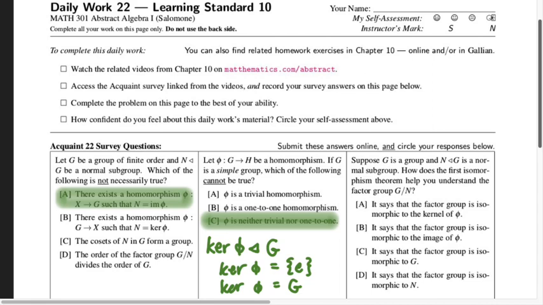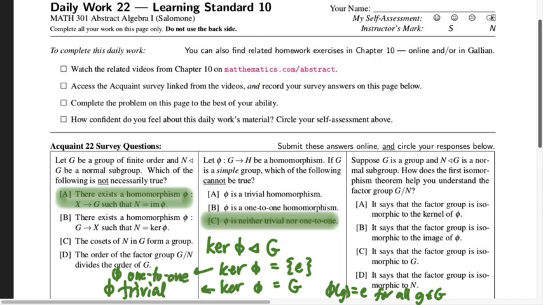So if the kernel is all of G, it means that all of G is getting sent to the identity element of H. In other words, phi of little g would be equal to e for all g in G. And so in that case, phi is the trivial homomorphism. And then the other piece of the puzzle, Kelly, what you were saying: if the kernel is the trivial subgroup, what does that tell me about phi? Phi is one-to-one.